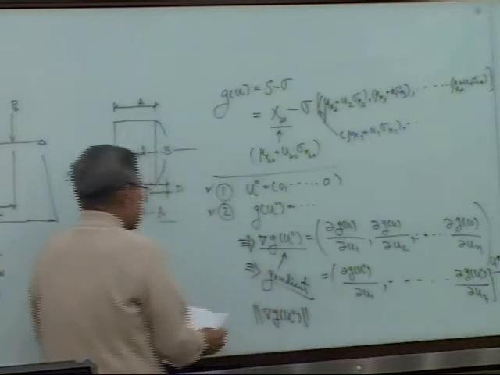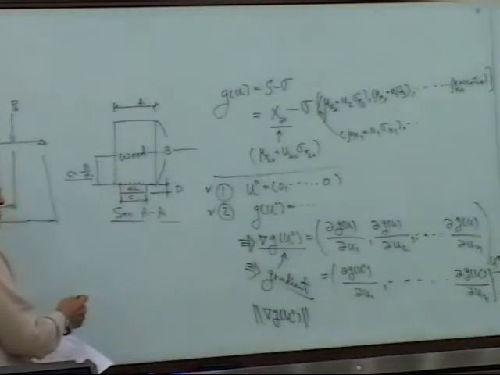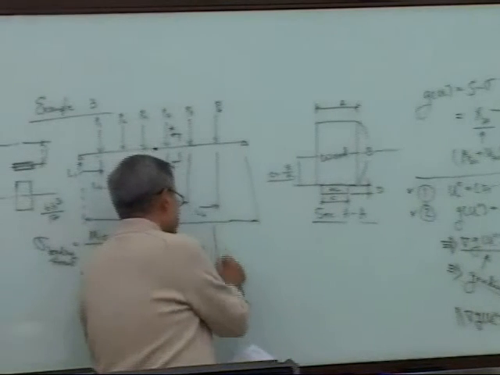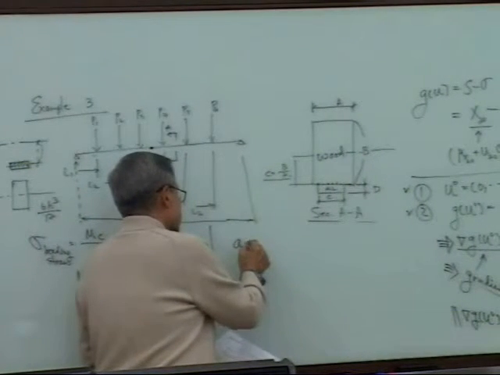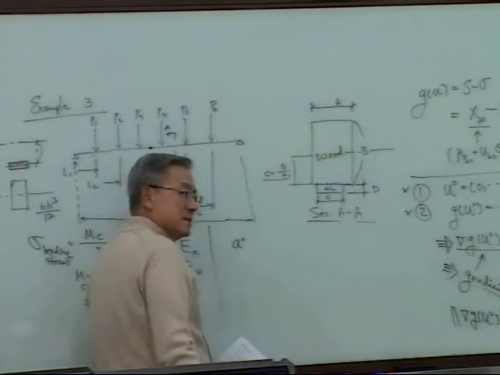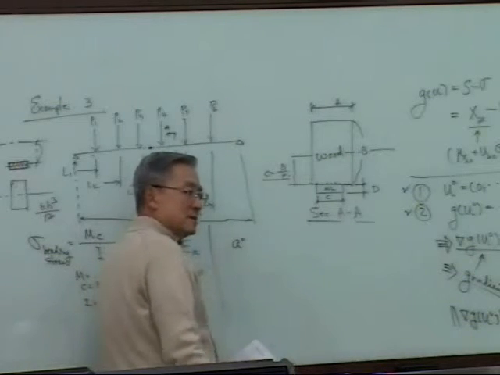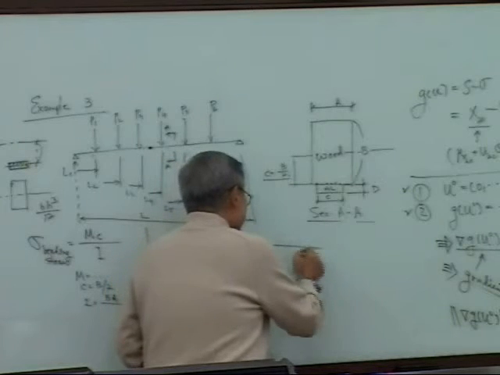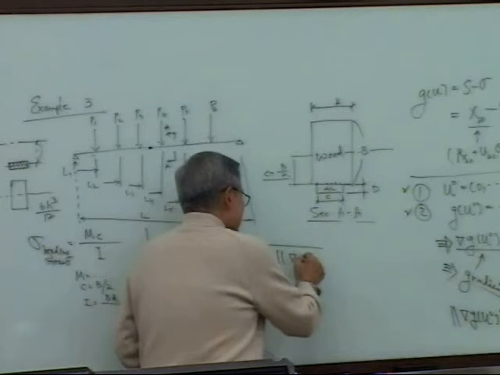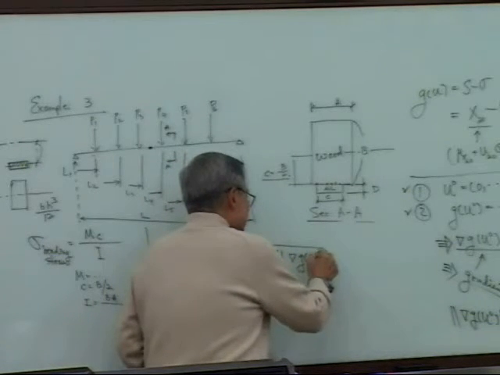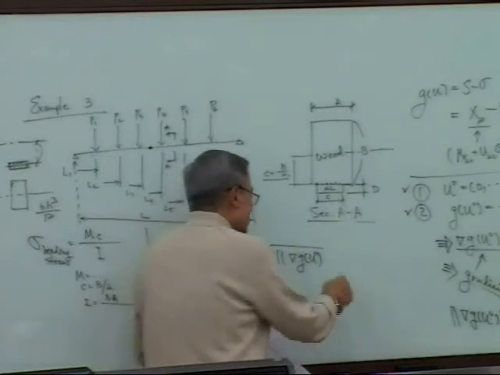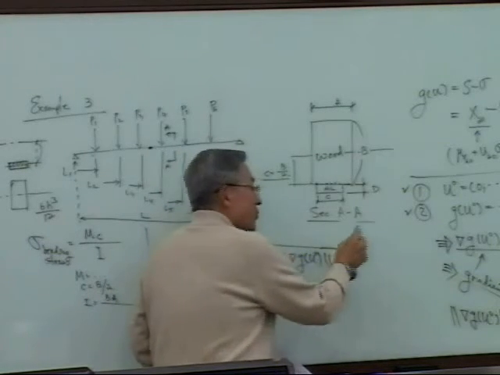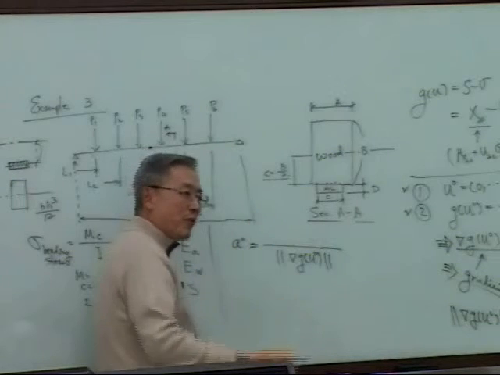Then after that, what's the next step? You will compute A0, right? So A0 is equal to the unit vector that you are getting, which is normal to a point.